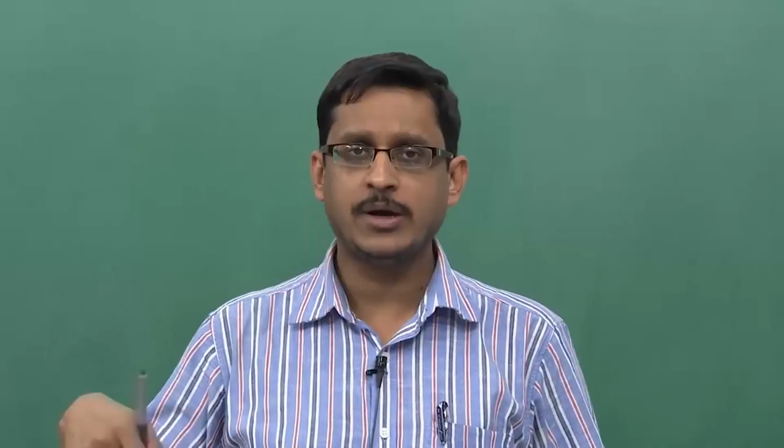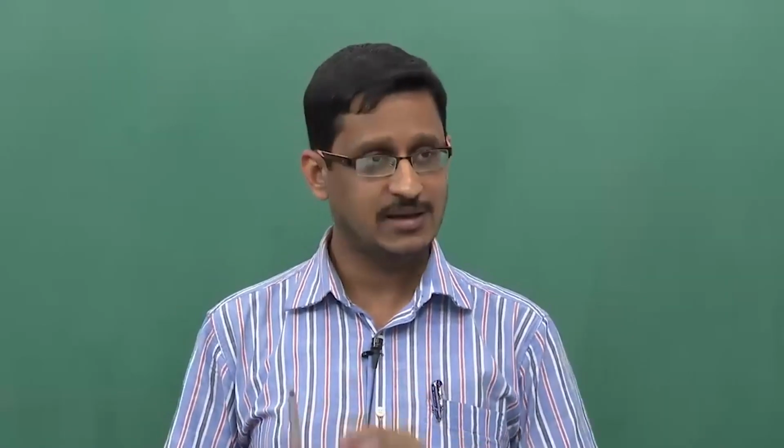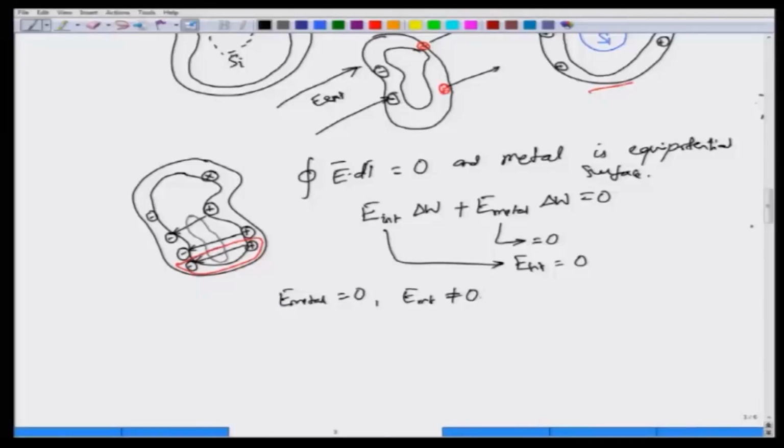At all points on the metal, the potential difference must be 0, that is, the metal itself must be at a particular potential with respect to some reference or the origin point. So, if the internal electric field is not 0, it simply tells you that the metal itself is not an equipotential surface. Now, that cannot happen because metal is an equipotential surface. So, both ways the discussion would show that the internal electric field must be 0.